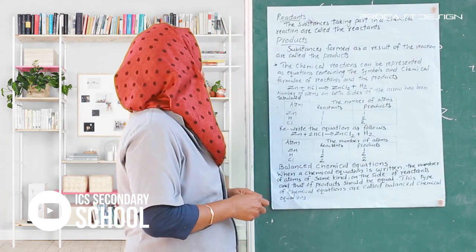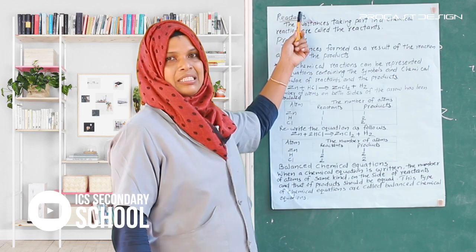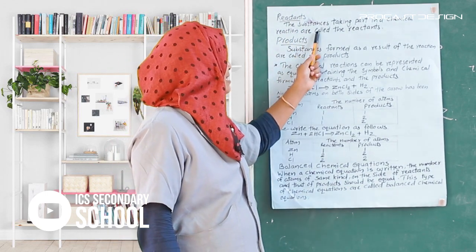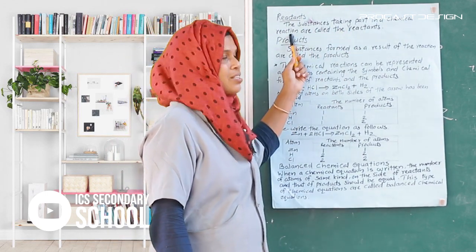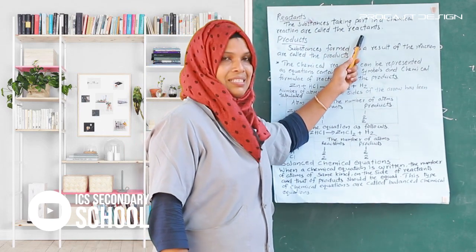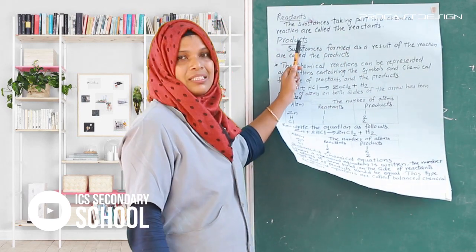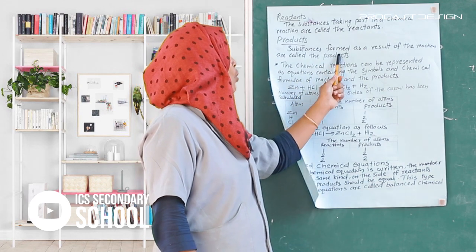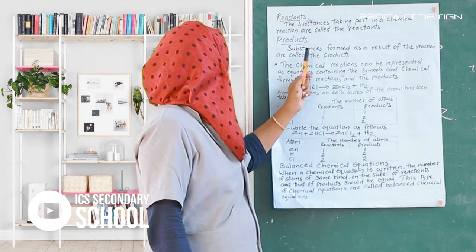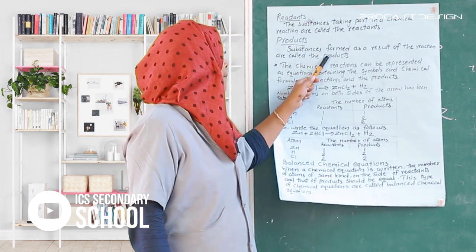Look here, first one, reactants. The substances taking part in a chemical reaction are called reactants. Then products. The substances formed as a result of the reaction are called products.